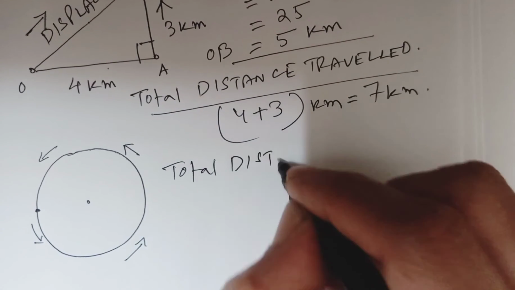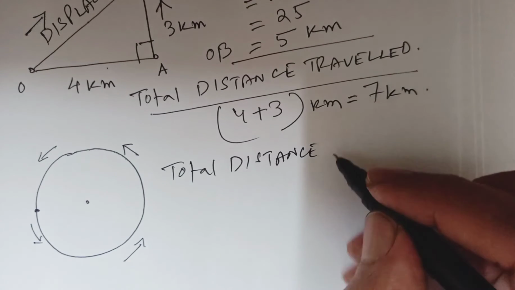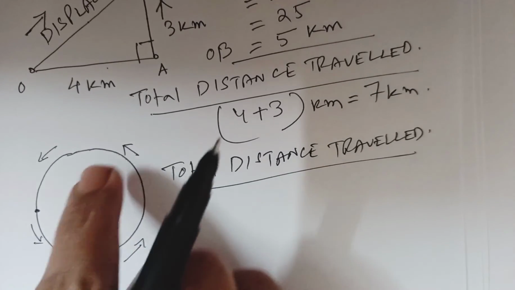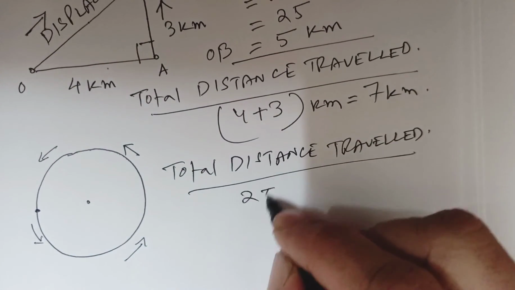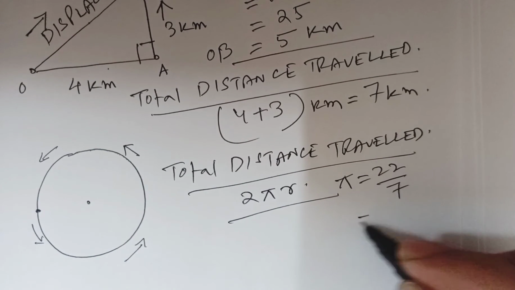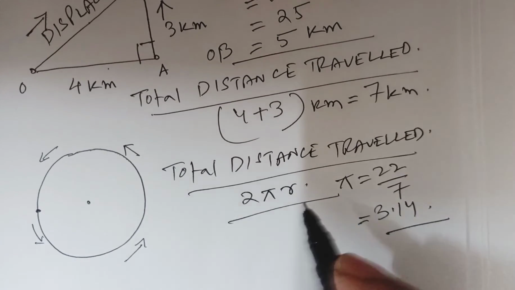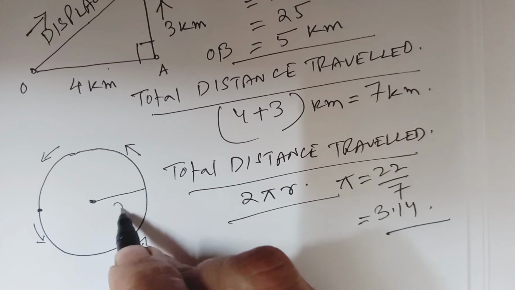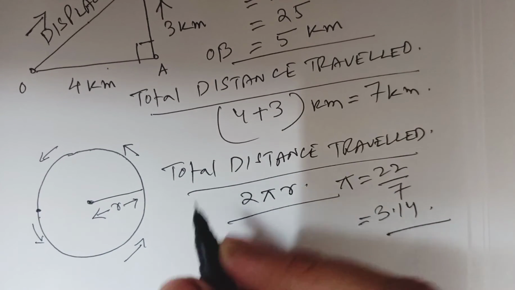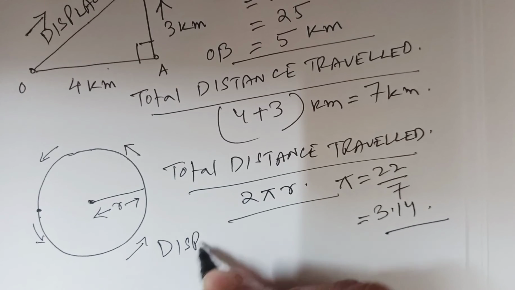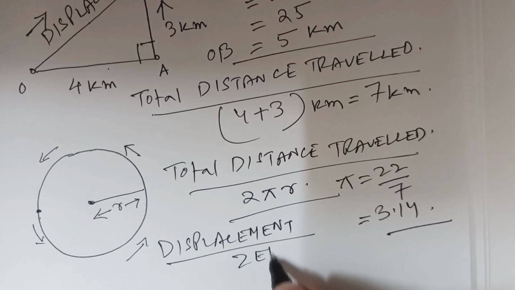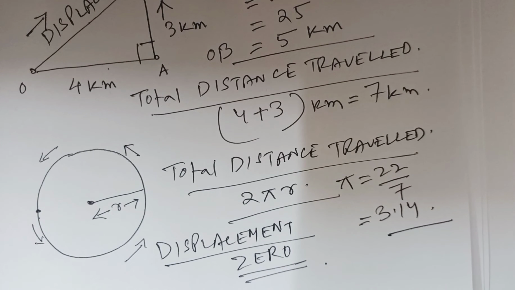The total distance traveled will be the circumference of the circle, that is basically 2 pi r, where pi is equal to 22 by 7 or 3.14, and r is the radius of the circle. Now this is r. And what is the displacement? The initial point coincides with the final point. So the displacement will be 0.